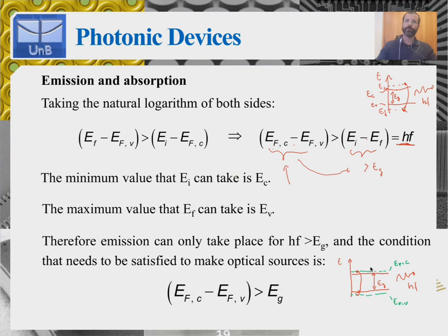This means lots of electrons can transition down and emit photons. Few electrons will absorb light because there will be lots of empty states here, not electrons, and lots of electrons here, so not empty states. This is the condition that needs to be satisfied in order to make optical sources such as lasers and light-emitting diodes.